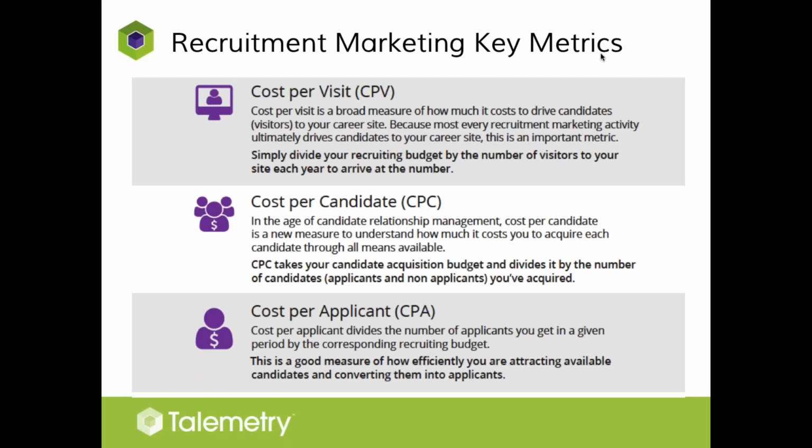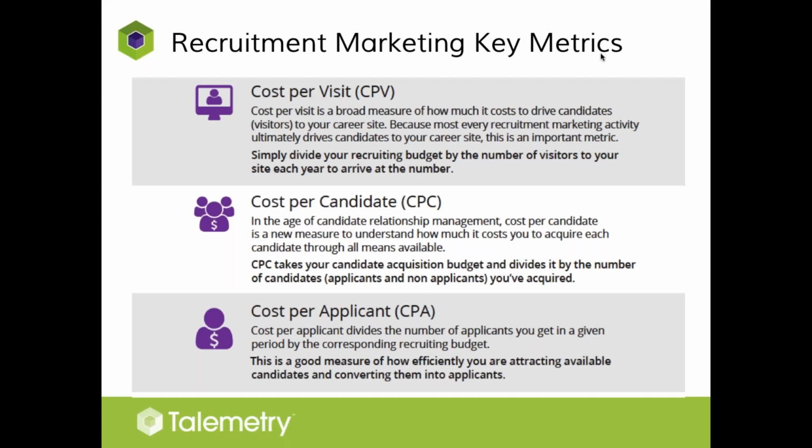The next one is the cost per candidate, right? What does it cost to actually bring somebody in, and not just as a visitor, but convert them into that candidate? So it takes your candidate acquisition budget, all the money you're spending to acquire candidates, and divides it by the number of candidates, both applicants and non-applicants, by the way.